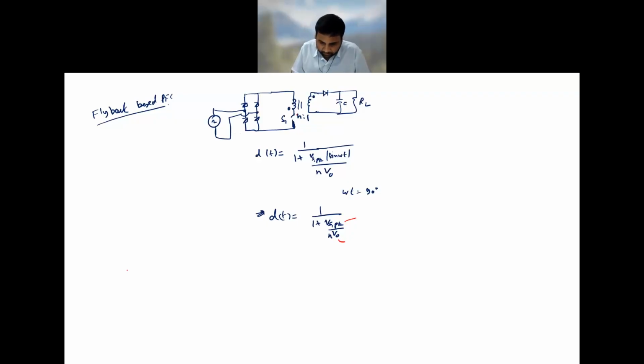Then there is also some question where we know our L value, which is the per phase inductance value for a three phase AC/DC converter, which we have already derived in the lectures.